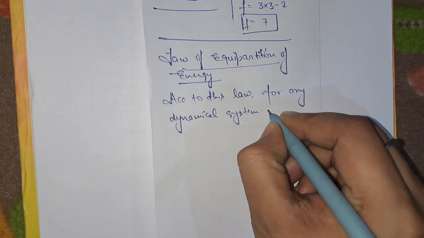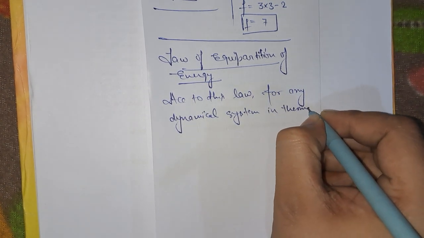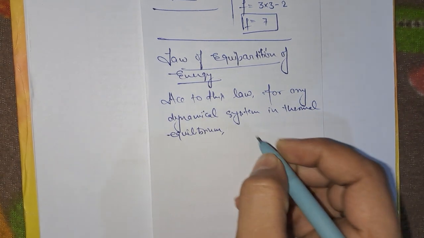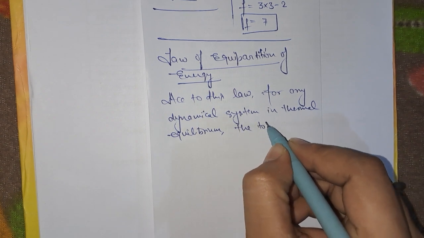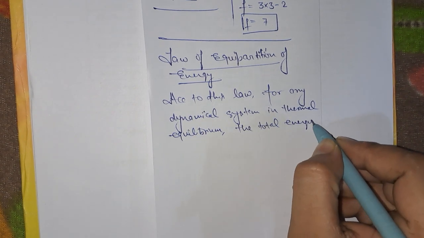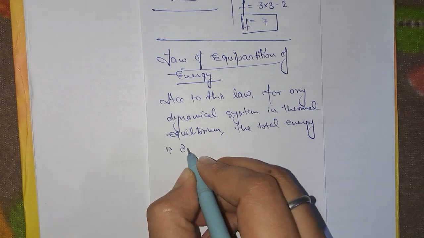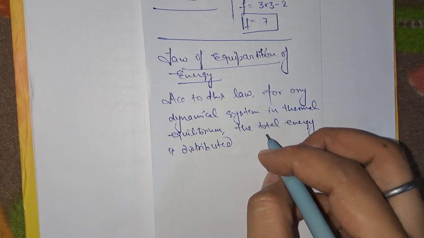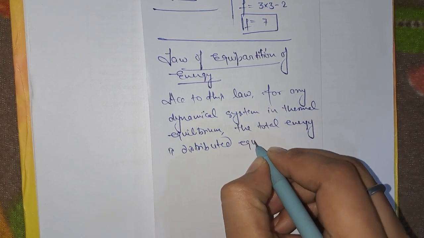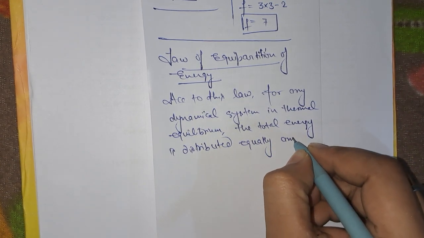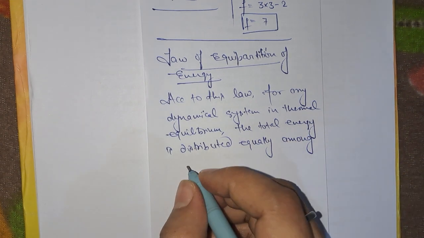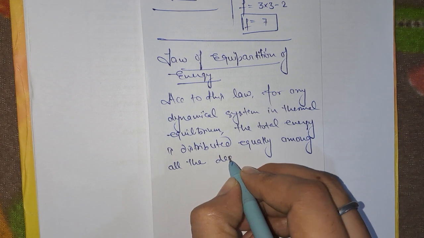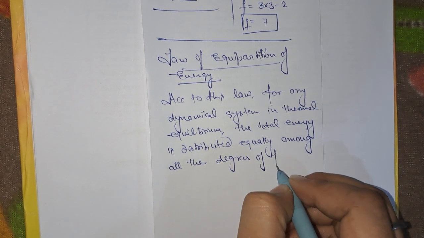So for a dynamical system in thermal equilibrium, it is said that total energy is distributed equally among all the degrees of freedom.